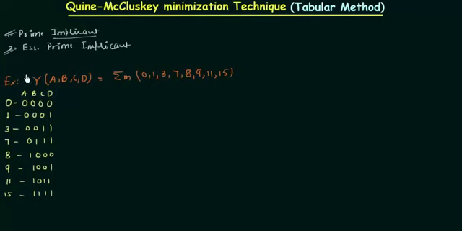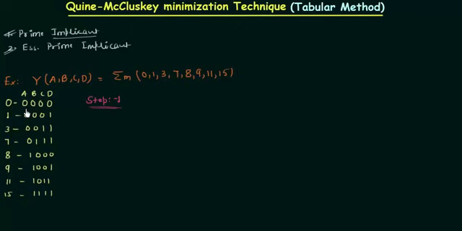In step number 1, what we have to do is make a table, and in that table we will arrange all the minterms according to the number of ones contained. So what we are going to do is make groups, and in each group we will keep the minterms with the same number of ones.